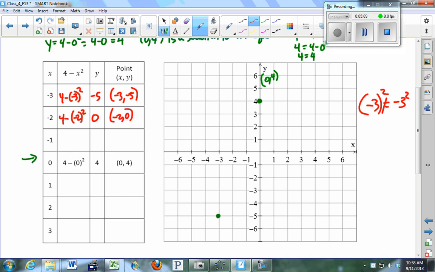So that means on my graph, I have another solution. There it is, (-2, 0). And how about -1? I put -1 in here. If I hear 3 answers all the same, I'm going to go with it. Okay, -1 gives 3.